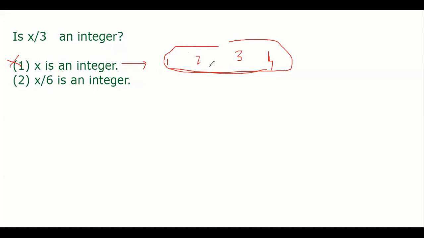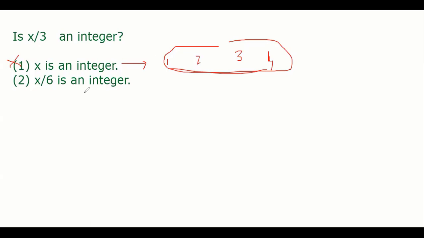If x is 5, then no. But I don't know the value of x. So if I don't know the value of x, how can I say whether x by 3 is an integer or not? Because depending on the value, we are getting different answers. So we cannot say. So 1 is not sufficient. No, I only talked about 1. I am not talking about 1 and 2 yet. Okay, Dhanu, I'll explain 2 also. So 1 is not sufficient.